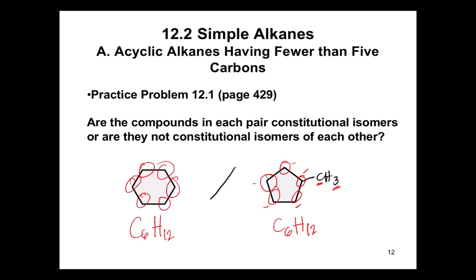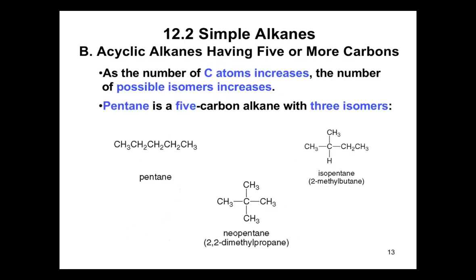Okay, so for the next one, yun namang next would be a cyclic alkanes having 5 or more carbons. So, di ba na-discuss ko na as the number of carbon atoms increases, marami ring possible na isomers. Kanina, yung butane, merong isang isomer, yung isobutane.